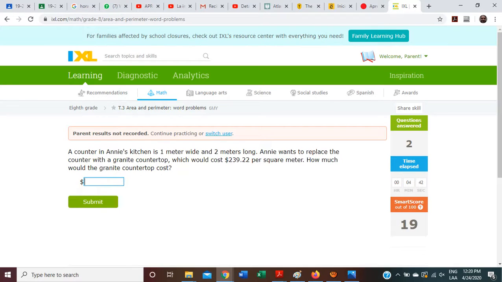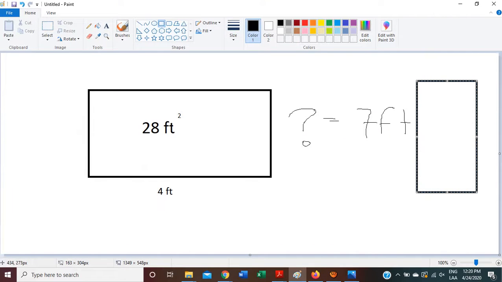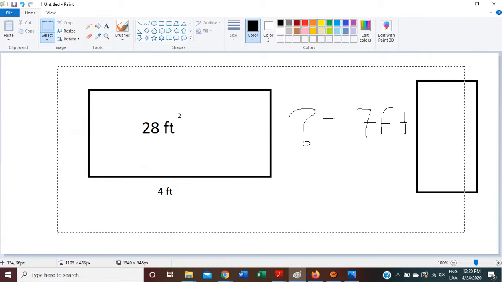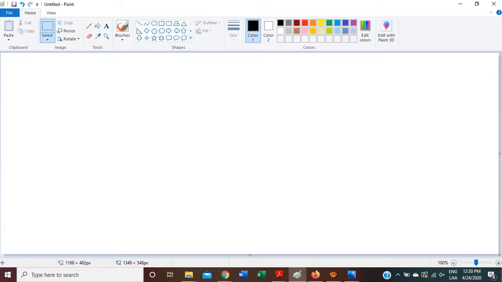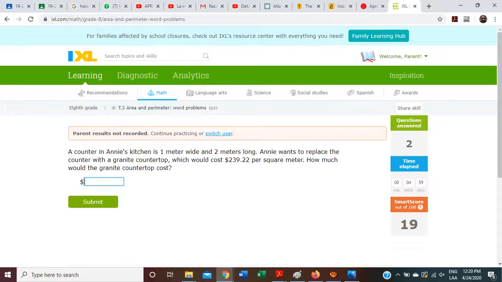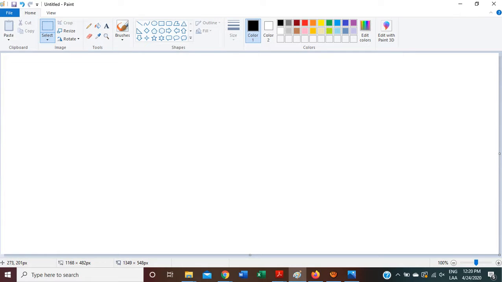Submit. Okay. A counter in Annie's kitchen is 1 meter wide and 2 meters long.